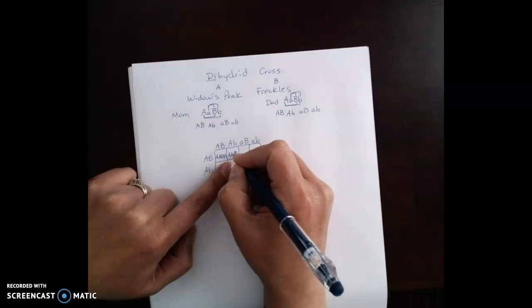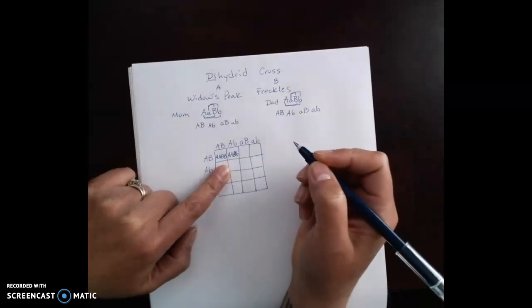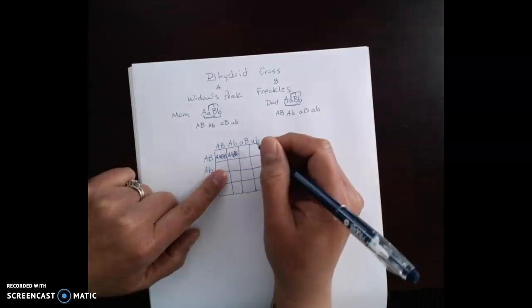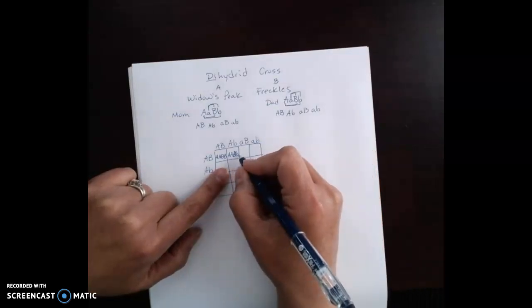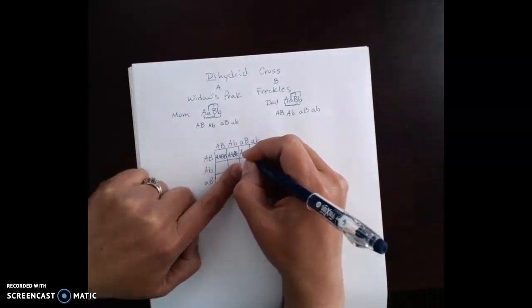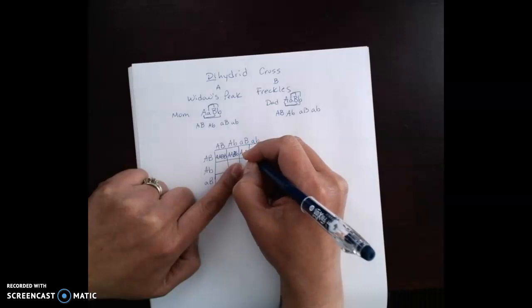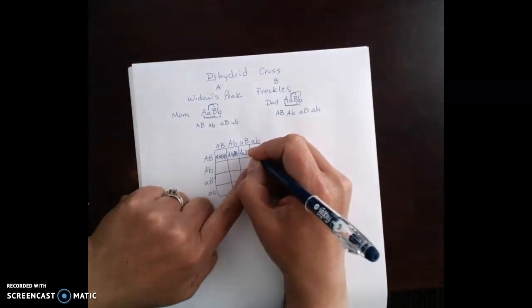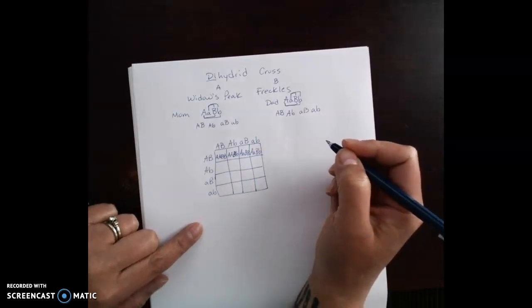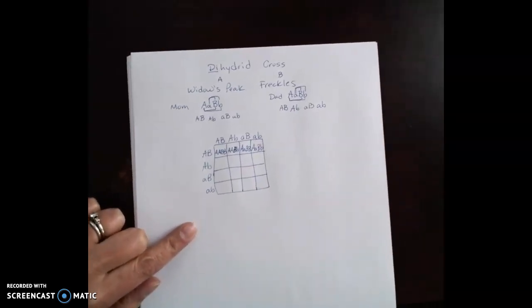Oops, I wrote that as a B. So again, good heterozygous format is you put the capital B first and then the little b. Here again, good heterozygous, I put the capital first. I really should have made this a little bigger. So that's my first row.